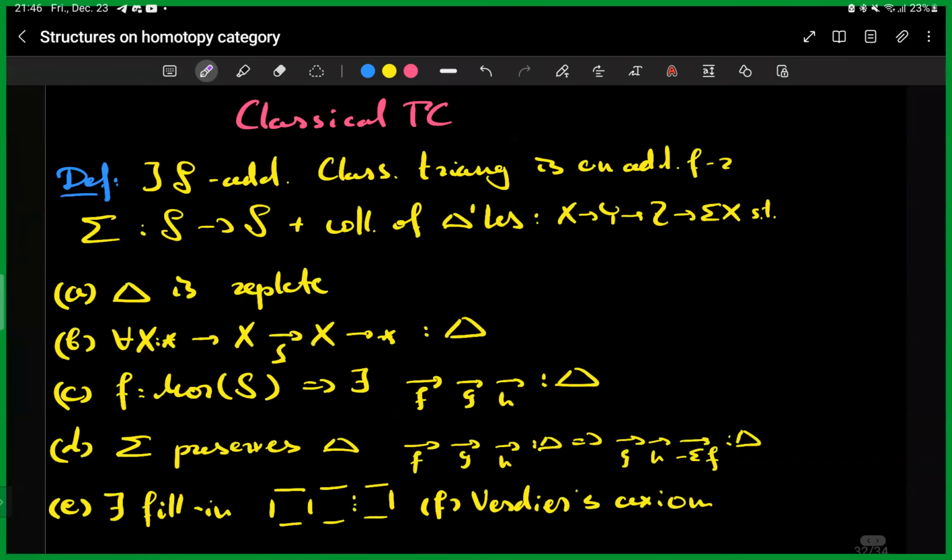So what is a classical triangulated category? First of all, it should be additive. We should have an additive functor sigma from the category to itself, which is, I guess, an equivalence.